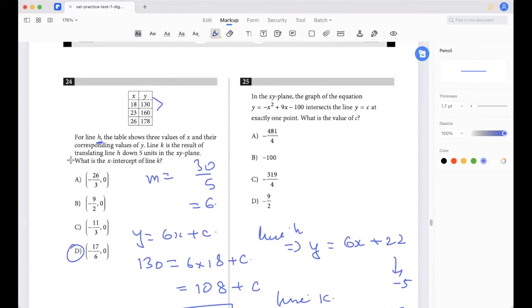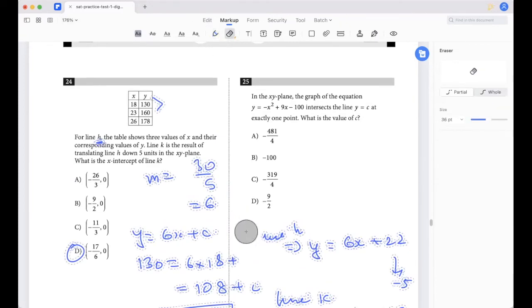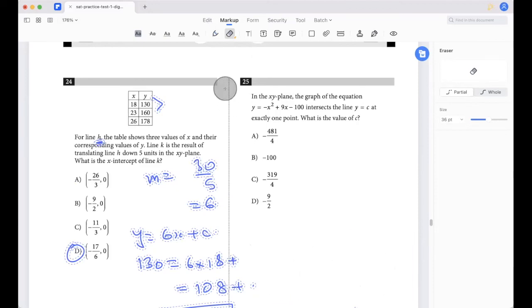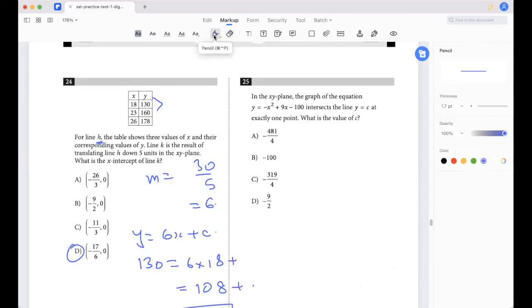In the xy plane, the graph of the equation intersects the line y equals C at exactly 1 point. What is the value of C? Okay. So this first one is a parabola, and it opens downward because the leading coefficient is negative.